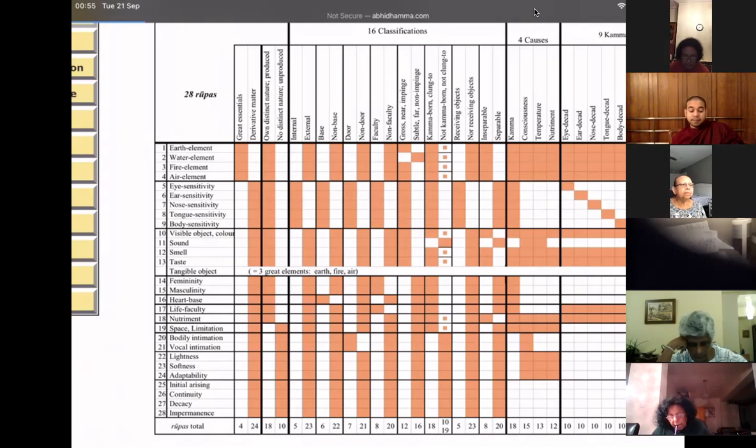For the inseparables, we have Pathavi, Apo, Tejo, Vayu. They will always arise together, and then Vanna, Gandha, Rasa, Oja. This is the vital monad.